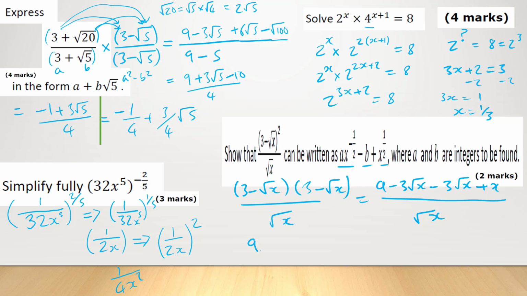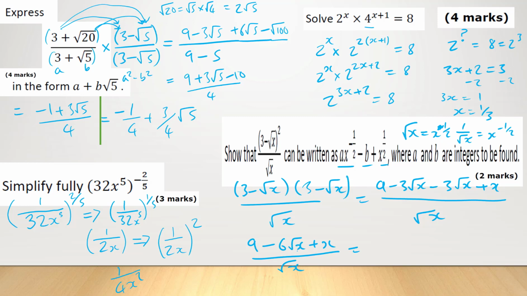So we just simplify that to 9 minus 6 root x plus x all over root x. Now we're going to divide each term and separate it. Now root x, it's important, is the same as x to the half. So 1 over root x is the same as, so that's a half. X equals minus a half.